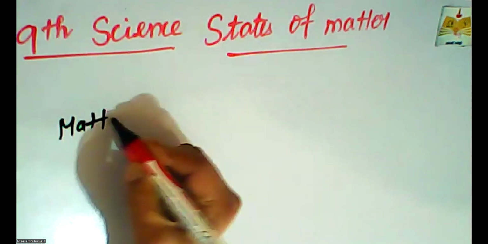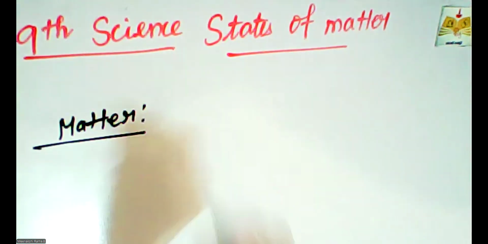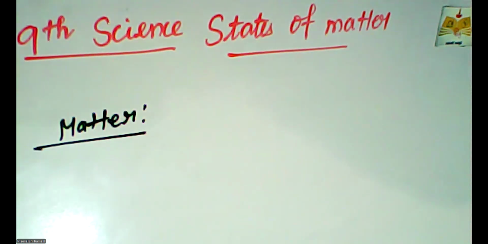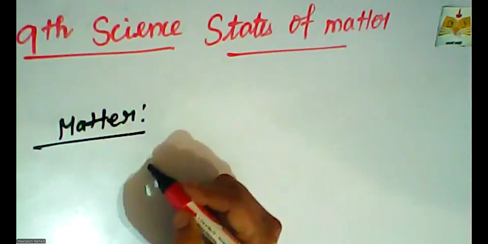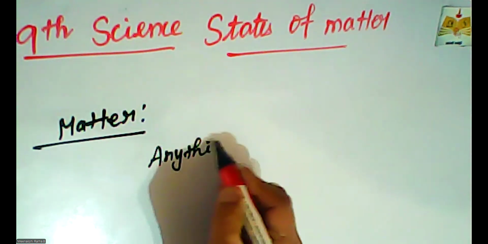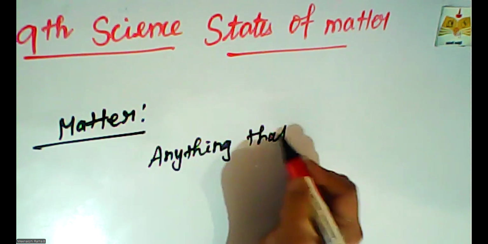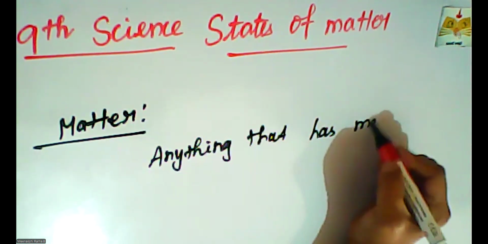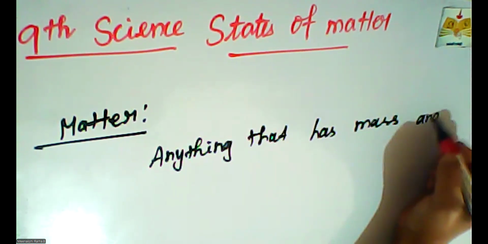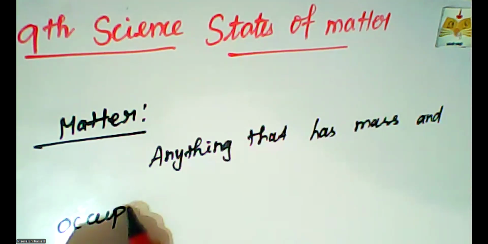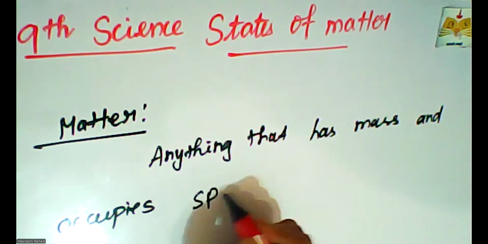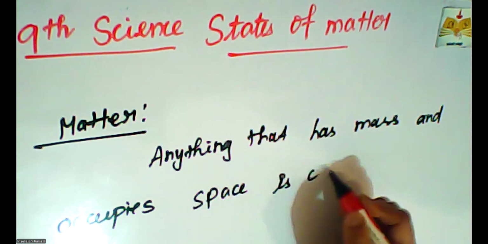What is matter? Matter is anything that takes up space and has weight. Anything that has mass and occupies space is called matter.